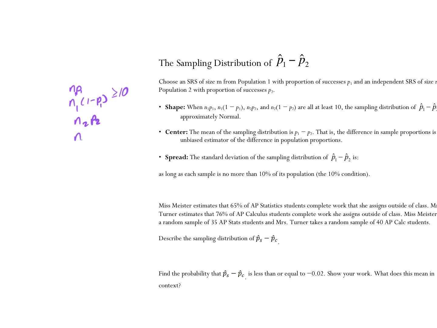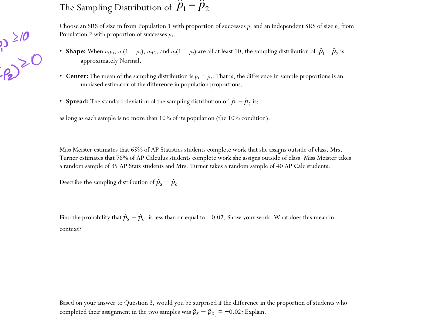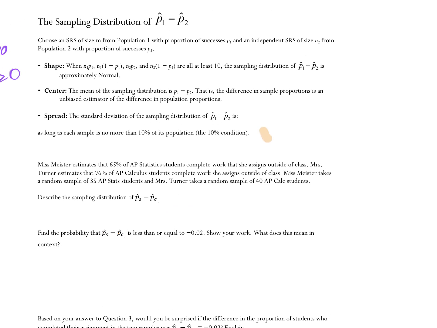So it is the exact same condition, you just have to check it for both groups. Just like here, the mean is just going to be the difference between the two population means, and the standard deviation, again, this would be on your formula sheet, okay? The standard deviation is the square root of the first variance plus the second.